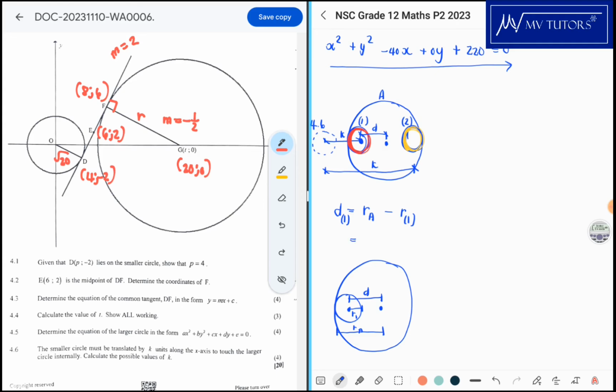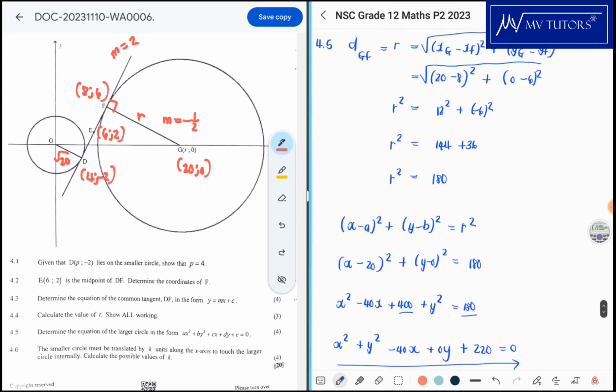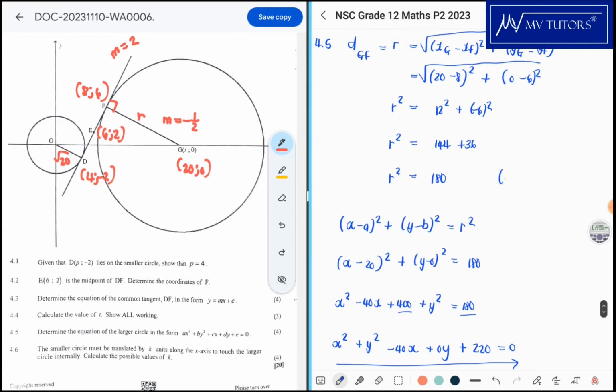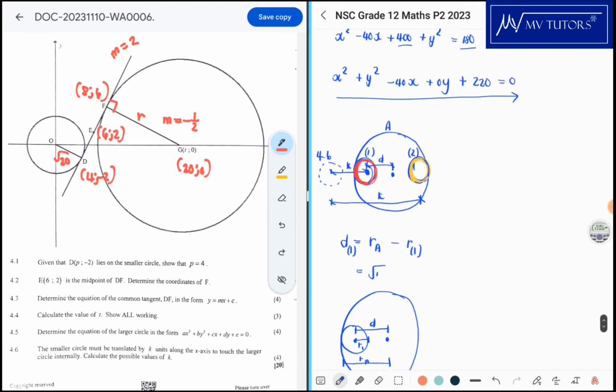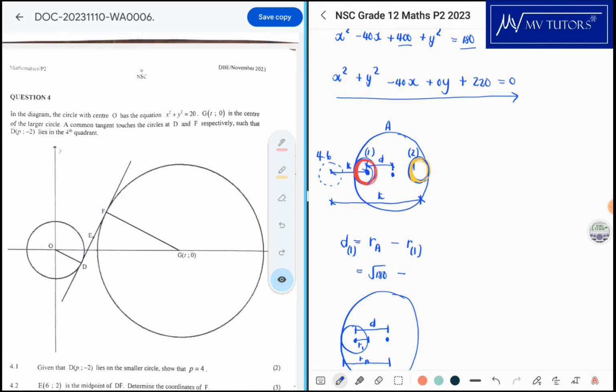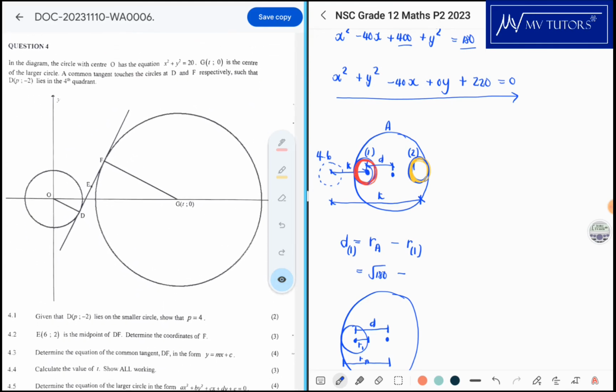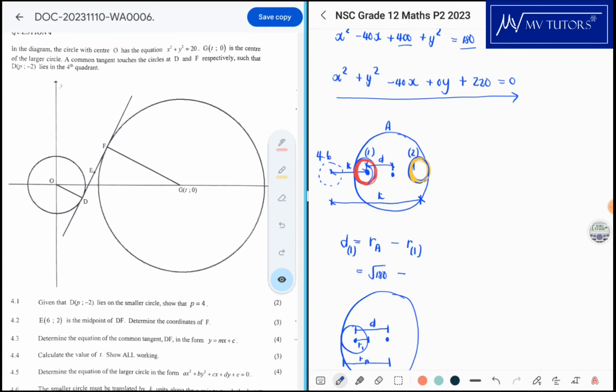All right, and what is the radius of this big circle? Remember, radius squared was 180, meaning the radius is actually root 180. So I have root 180 minus the radius of the smaller circle, which is root 20. Remember they told us, r squared is 20, so r is root 20.